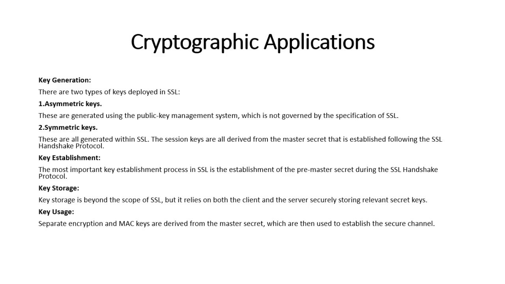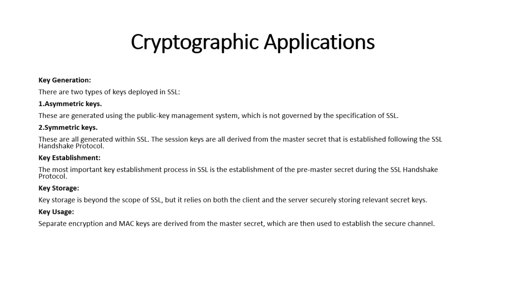Key establishment protocol. The most important key establishment process in SSL is the establishment of the pre-master secret during the SSL handshake protocol. In the third step between client and server, some secret information is sent from client to server. That is key establishment. Then after that, the keys are going to be stored. The key storage is beyond the scope of SSL, but it relies on both the client and the server securely storing the relevant secret.